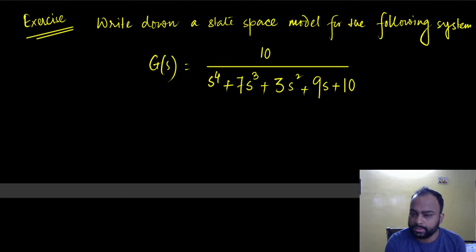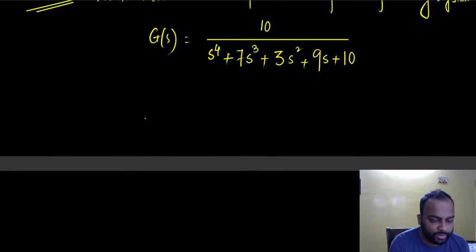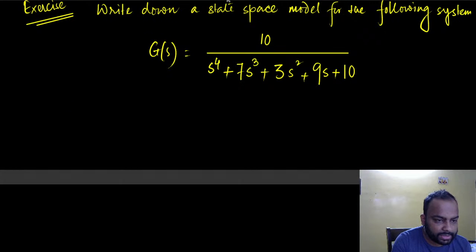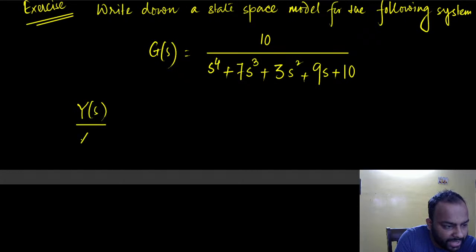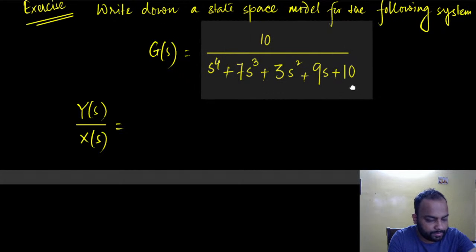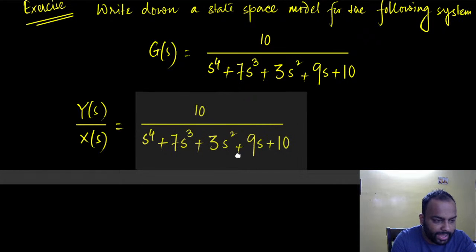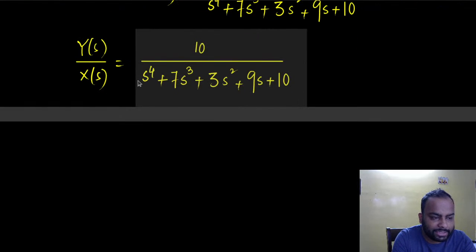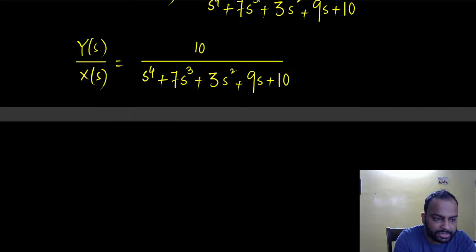All right, so I think many of you have tried. So the answer: we are going to again write this as Y(s)/X(s), and that's going to be equal to this thing. Then of course we are going to write Y(s) times the denominator equals X(s) times the numerator, and then apply the inverse Laplace transform.